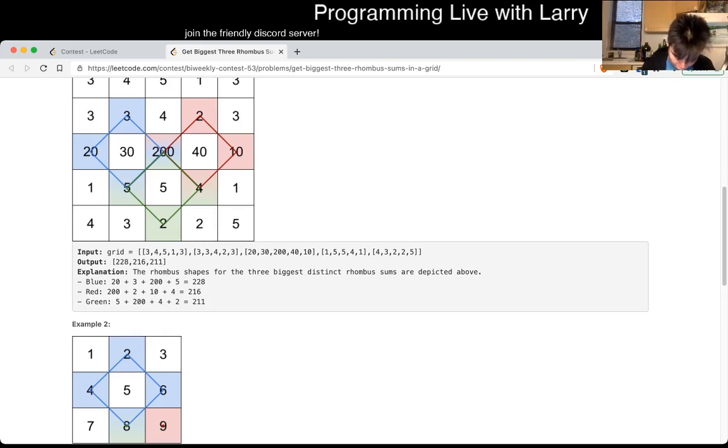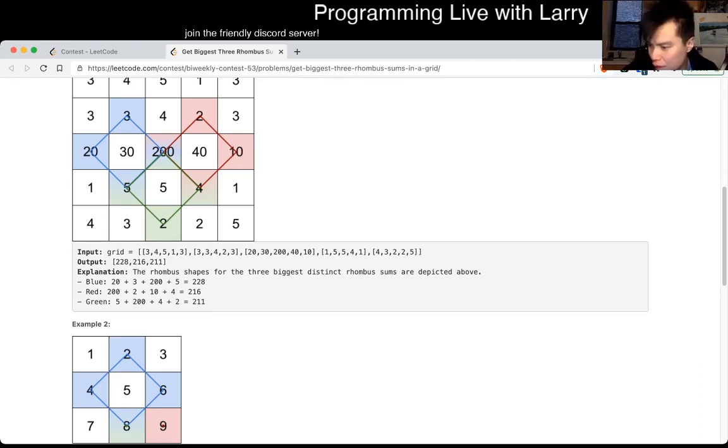Okay, that kind of before would work. So now I just have to do the math. Okay, that's how I would do it with prefix sums.